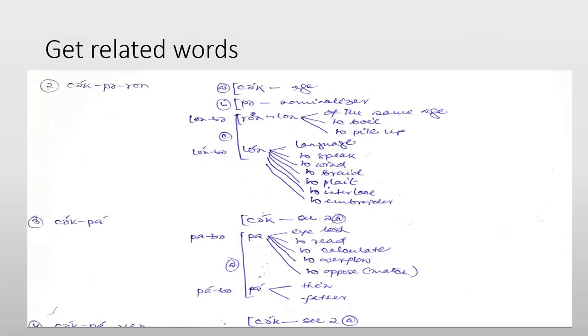So in this case, we have the word language and to speak. Those are obviously related. Then we have the word to braid and to plait. Those are obviously related. And to interlace, that seems to also be related. And to wind and to braid or interlace, are those related or separate?